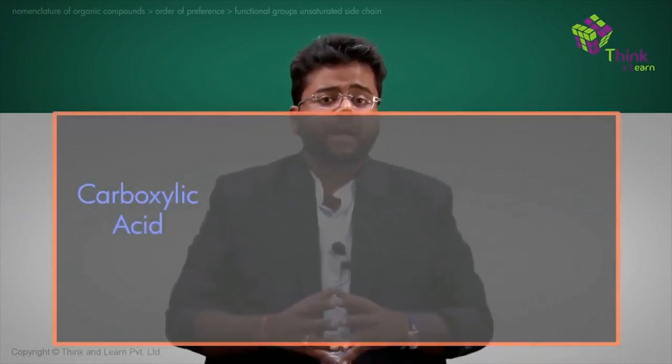Now, what happens if I have two functional groups in the same chain? You have to remember I talked about prefixes. Yes, every functional group had a proper prefix. So over here, there's a priority series according to which we assign the priority to the functional group. Say I have carboxylic acid and I have alcohol.